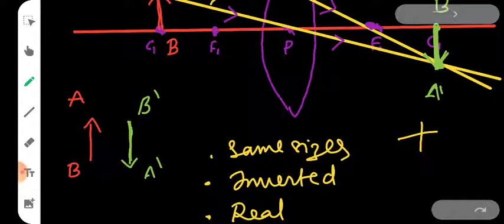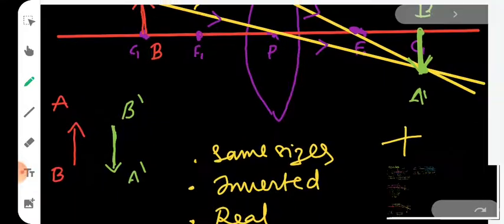So for lenses, real images are always formed on the opposite side of the object. Okay. So let me just tabulate this again.